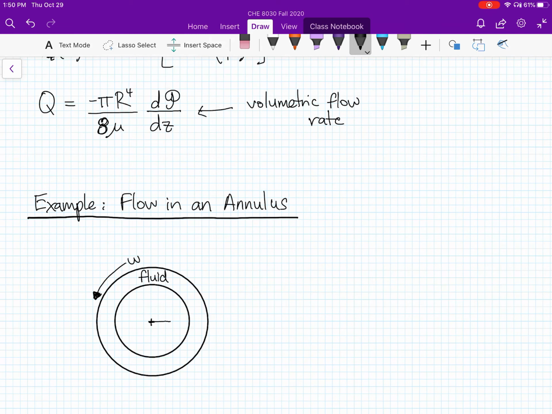So we have our r direction, theta direction.